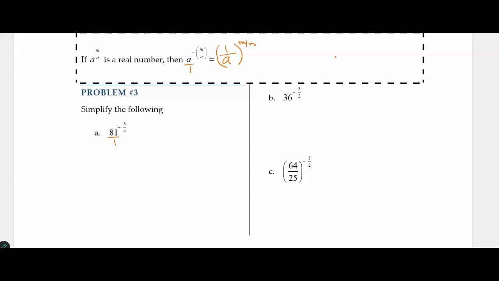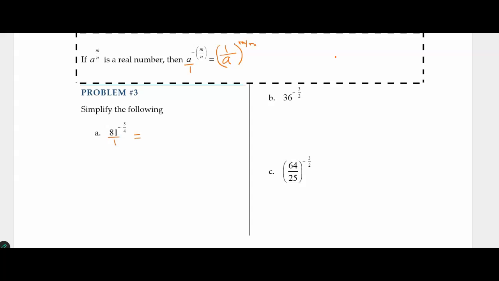So we flip what the base is, but then our exponent is staying m over n and is just no longer negative, right? So when we flip that inside, that is what's changing that negative exponent.